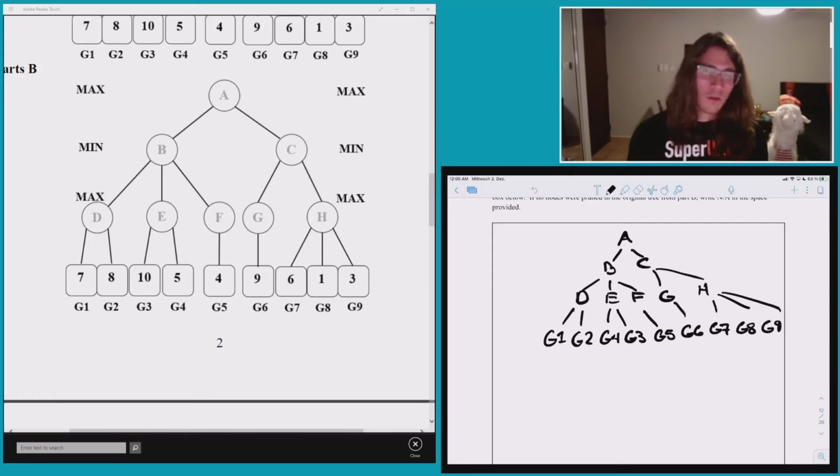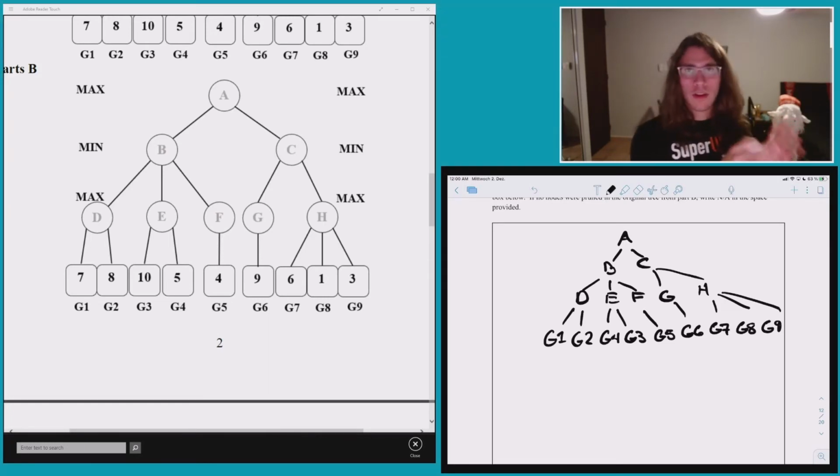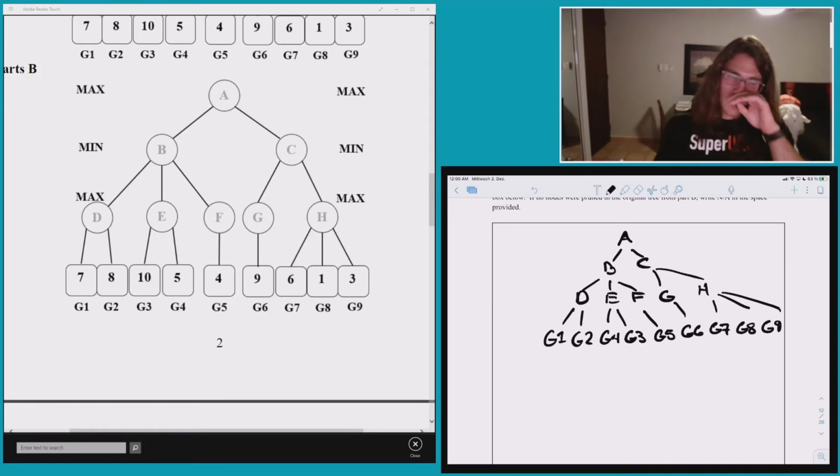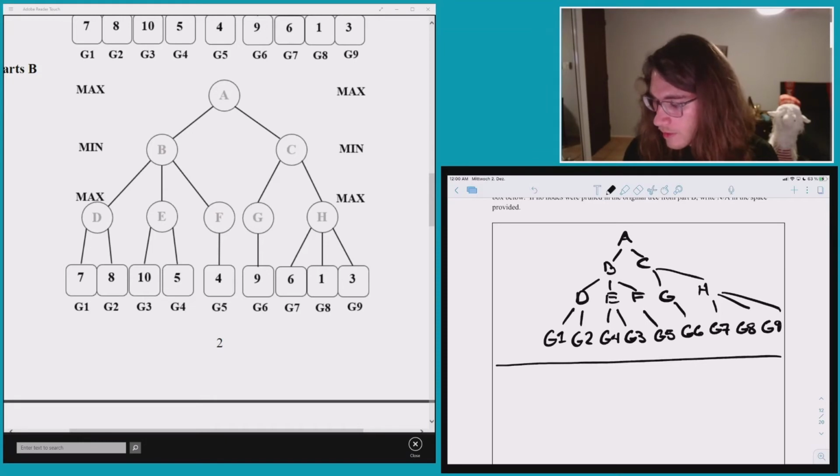In the ideal ordering of nodes, the best nodes, so if it's a min level, the nodes with the lowest value, or if it's a maximizer level, the nodes with the highest value, are ordered toward the left and are ordered in either increasing or decreasing order from left to right, so from best to worst. That's the optimal ordering, and that's actually the concept that was being tested here.